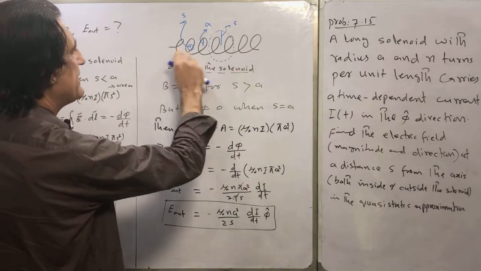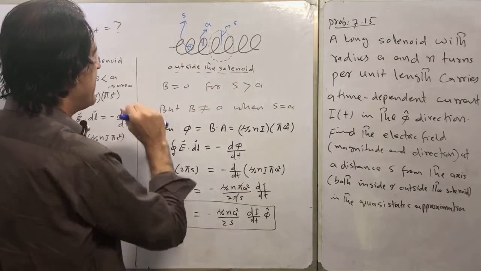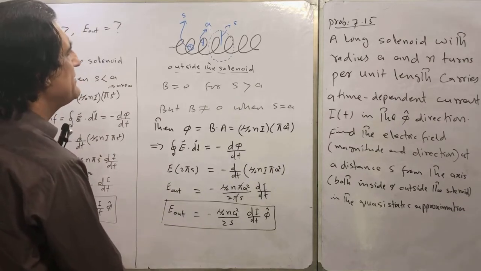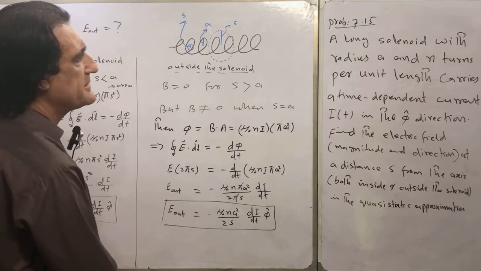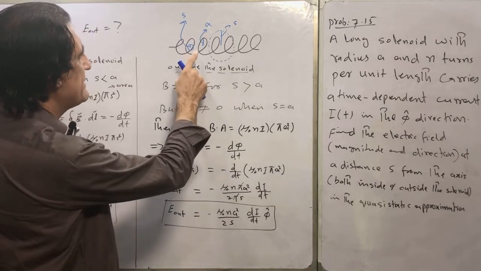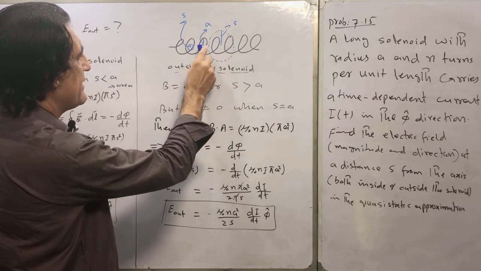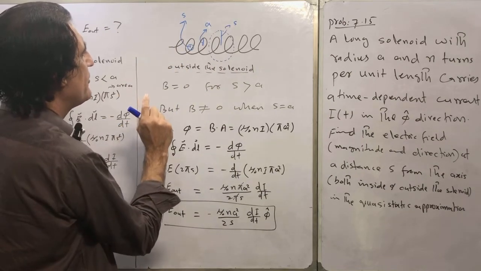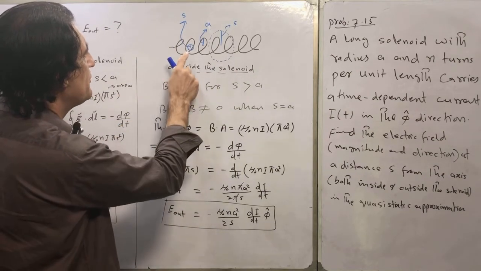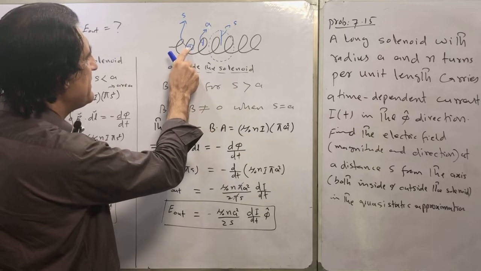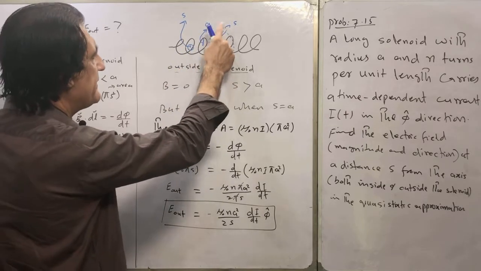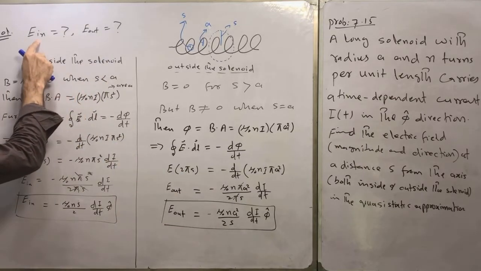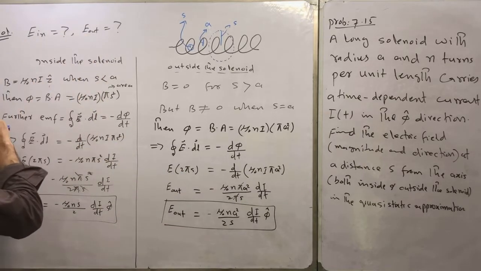We have this solenoid with n turns per unit length and radius a, and we are asked to find the electric field inside and outside the solenoid, so E in and E out.